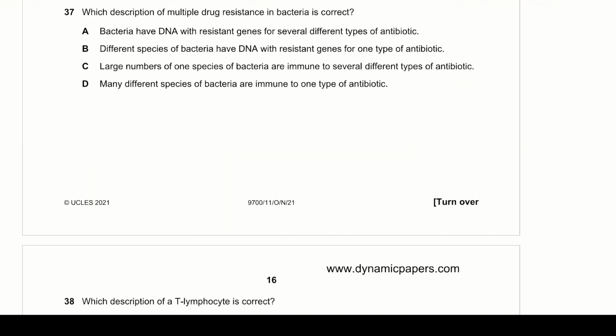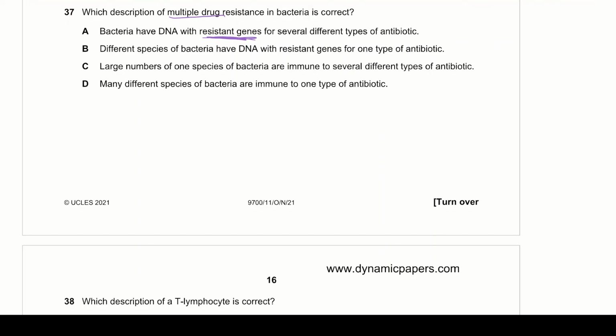37. Which description of multiple drug resistance in bacteria is correct? A. Bacteria have DNA with resistant genes for several types of antibiotic. This is correct because it says multiple drug resistance in bacteria. So if it has multiple drug resistance, then it definitely has multiple mutations that occurred which gave it the resistant genes for these several antibiotics.